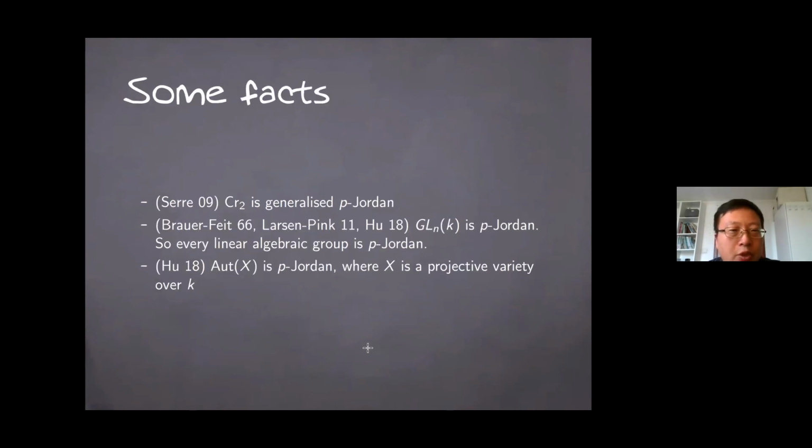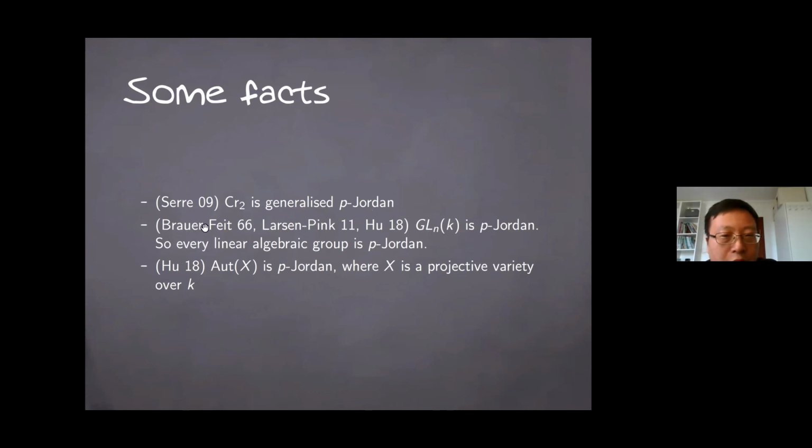Okay, then we can introduce some facts over characteristic P. From the original proof of Serre, his proof already showed that the Cremona group of rank 2 is generalized P Jordan.